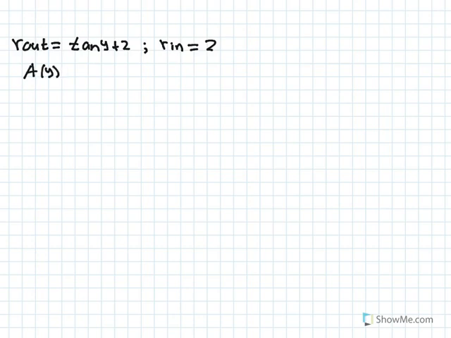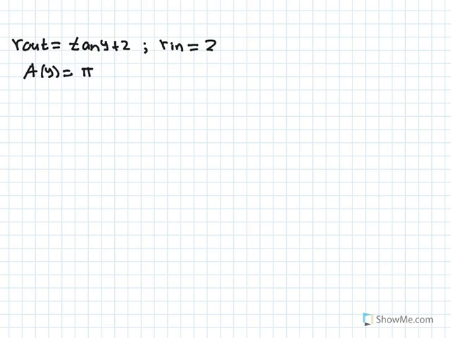All right, so now let's summarize everything that we've done. So we have radius outer is equal to tangent y plus 2. Radius inner is equal to 2. The cross-sectional area is the outer radius squared minus the inner radius squared times pi.